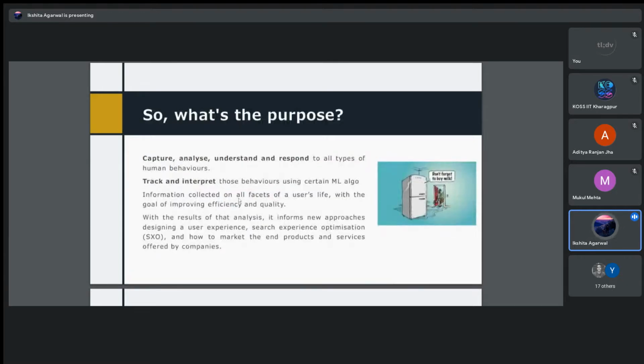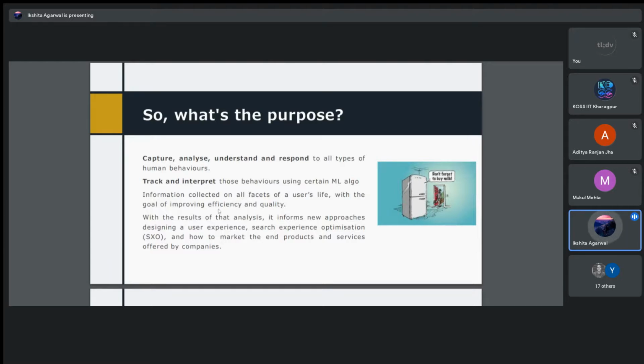So next, what is the purpose of it? The basic purpose is to capture, analyze, understand and respond to all types of human behaviors, and then track and interpret those behaviors with the help of certain learning algorithms or CV.